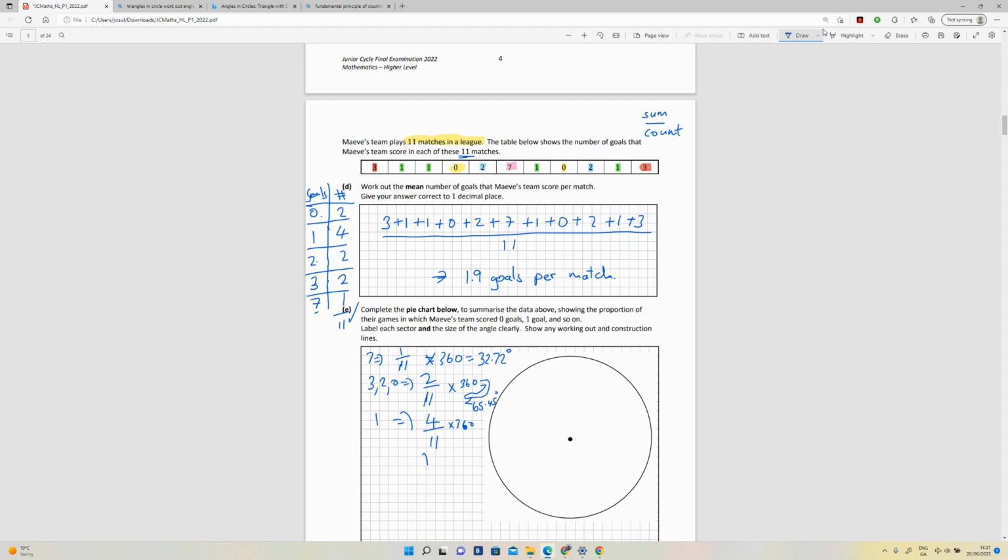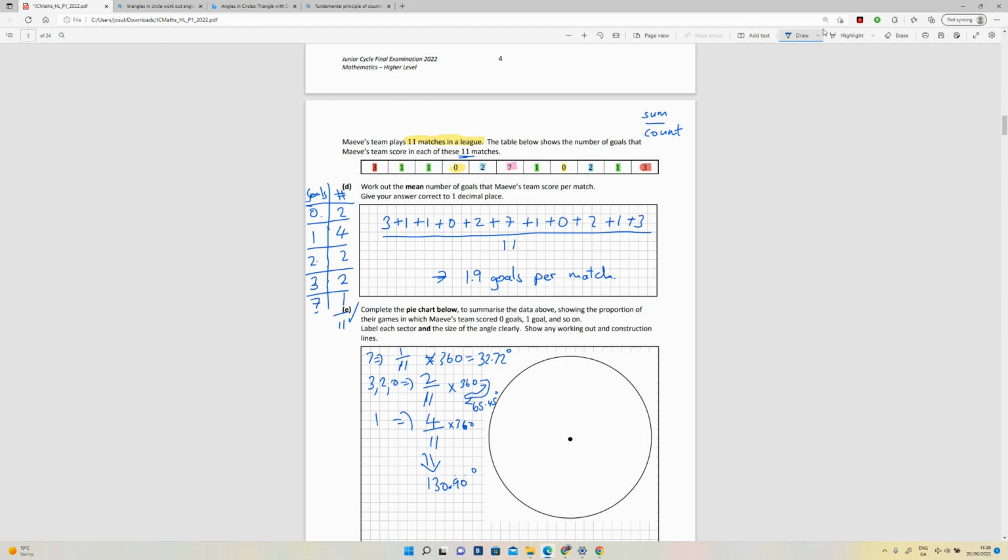And the last one, 4 out of 11 multiplied by 360 is 130.9 recurring degrees.